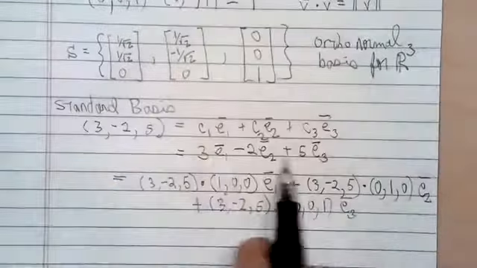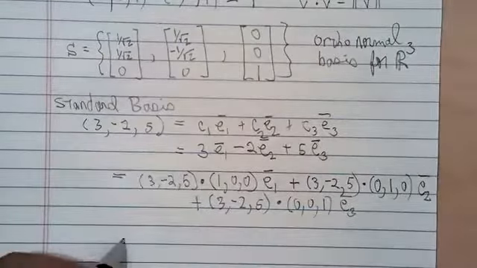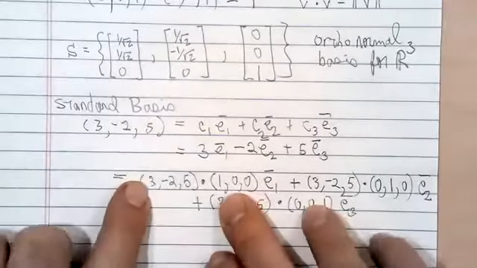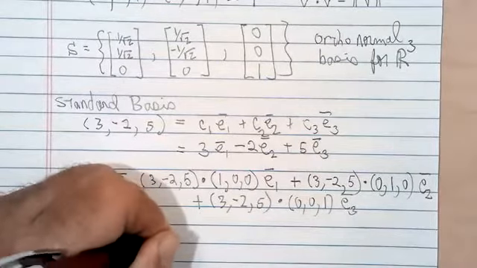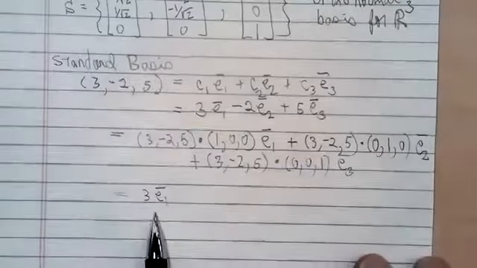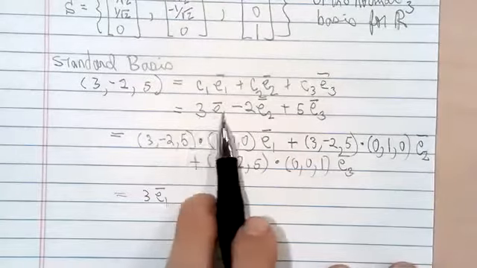I get this line right here. So when I take this dot product, I get 3 plus 0 plus 0. 3 times i, or e1, is the first term in that expansion.